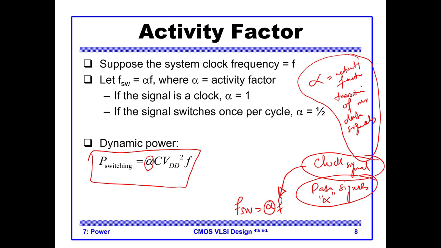So we can say this equation is C VDD square FSW, because FSW is this thing. This is our final equation for dynamic power consumption.